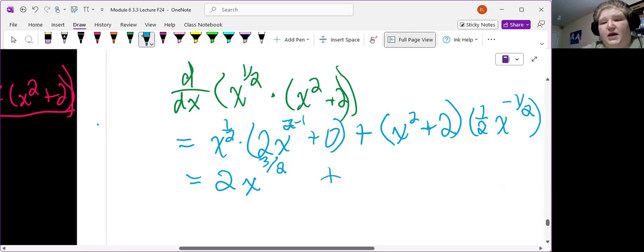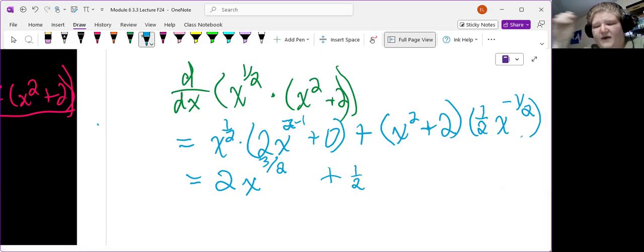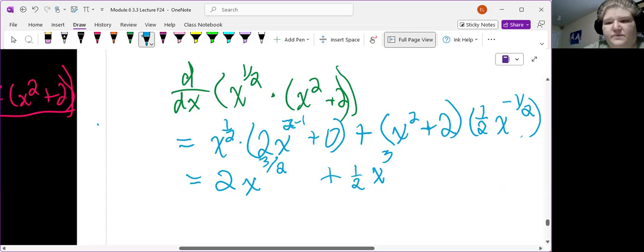Plus x squared times 1/2 x to the -1/2. So we'll have the half. X to the 2 times x to the -1/2. We do 2 minus 1/2, which becomes 3/2. Plus 2 times a half is just 1. So then it'll be plus x to the negative 1/2.